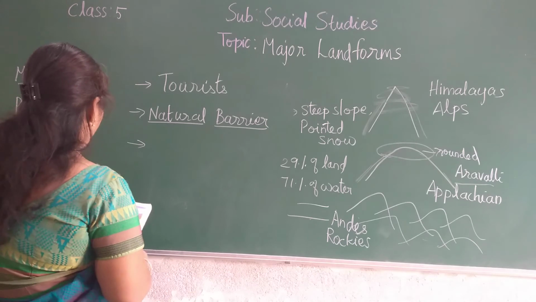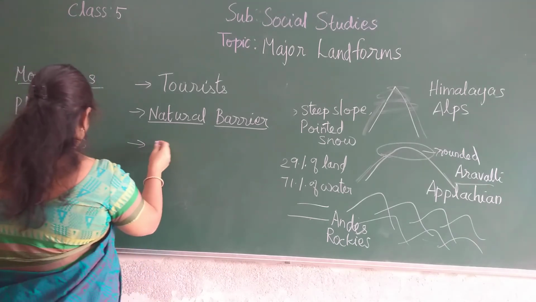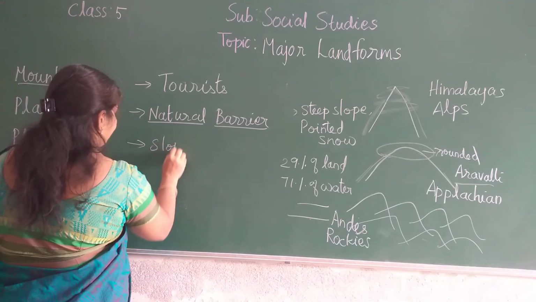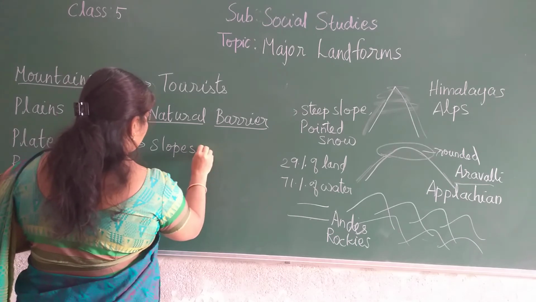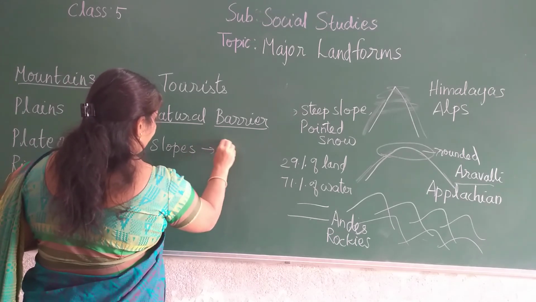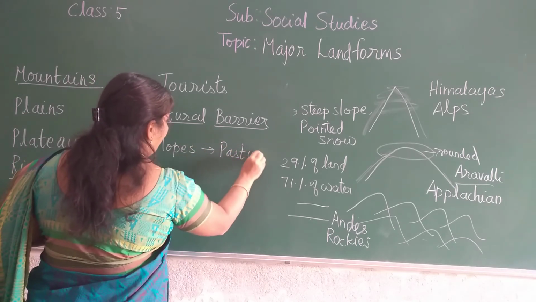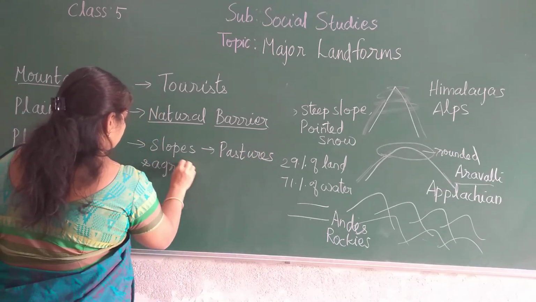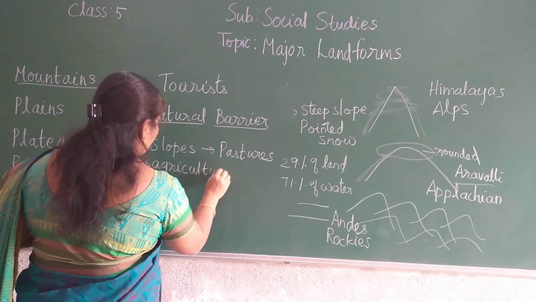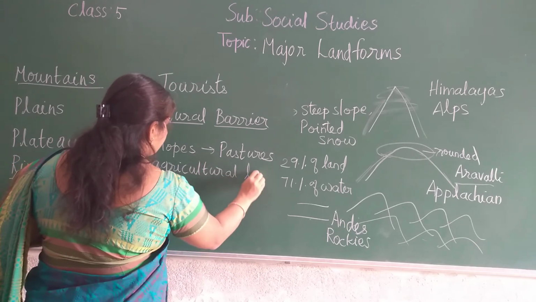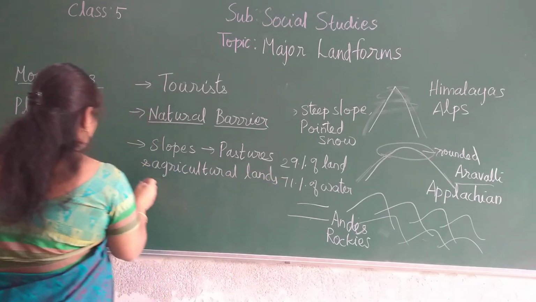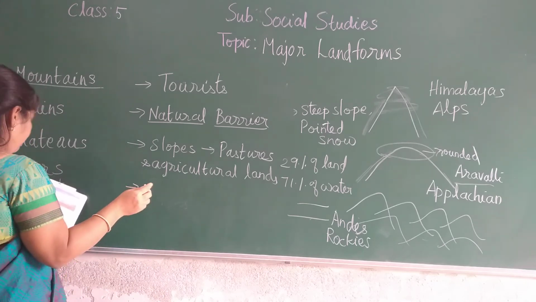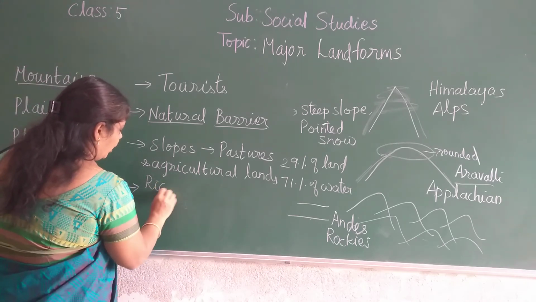The slopes provide agricultural lands and pasture lands. Agricultural lands. Okay, children.